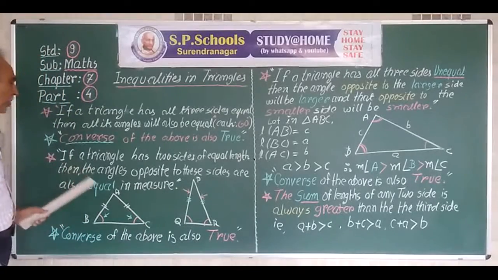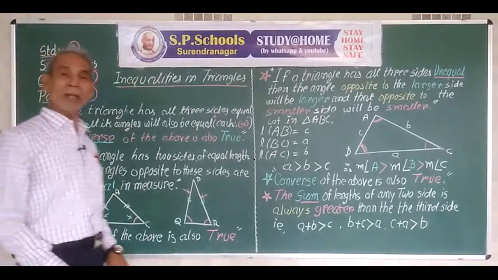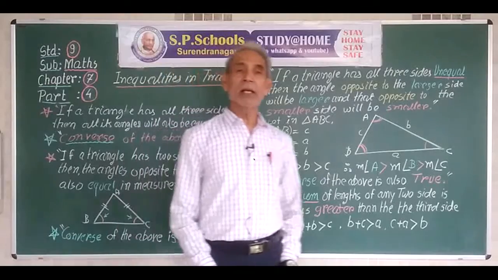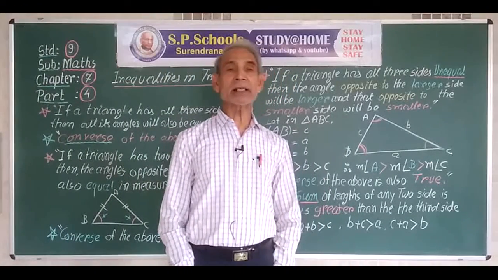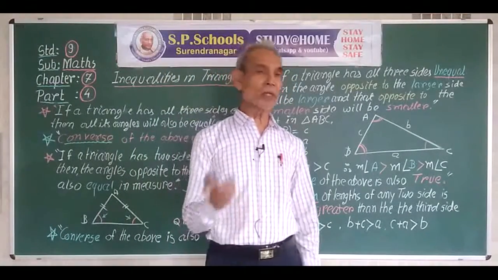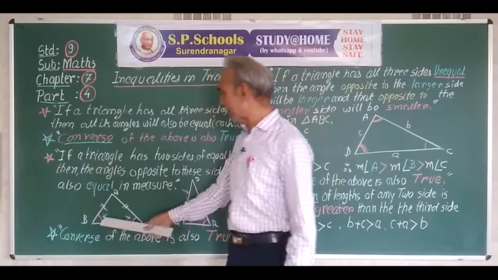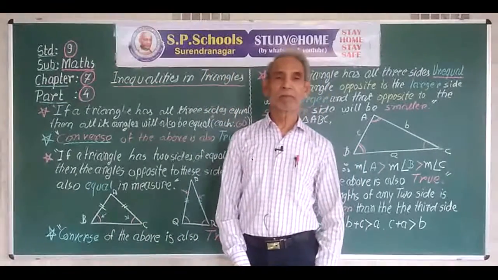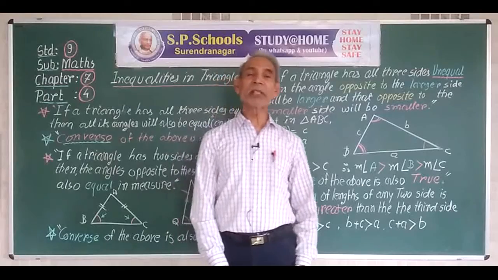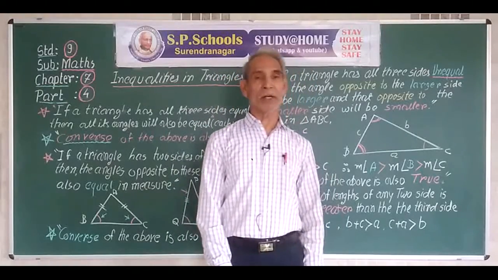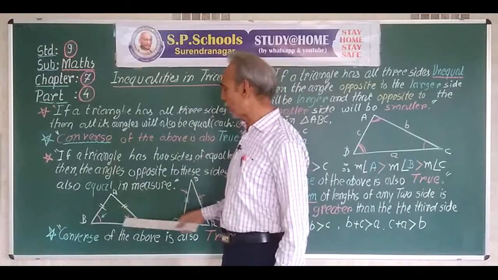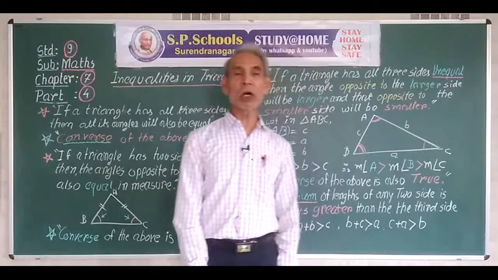Here, what is the type of this triangle in which two sides are equal in length? Yes, it is an isosceles triangle. Iso means same, celes is angled. Means there are two angles of equal measure, and the sides opposite to these two angles are also of same length.